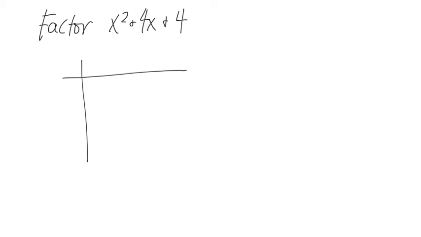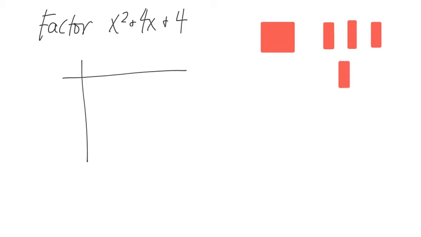In this case, again, I've chosen one where everything is positive just so that that part isn't slowing us down. We're going to have an x squared tile. We're going to have 4 x tiles: 1, 2, 3, 4.